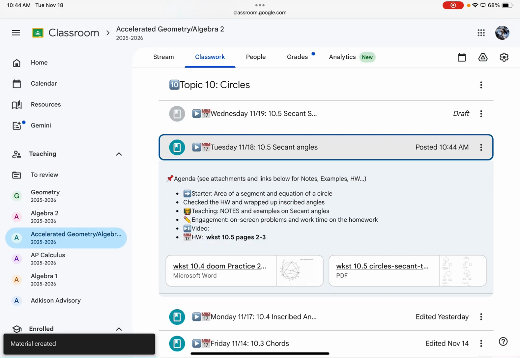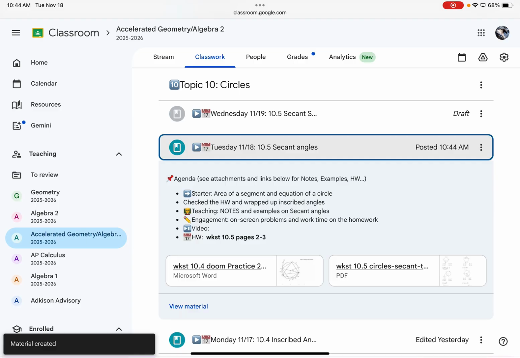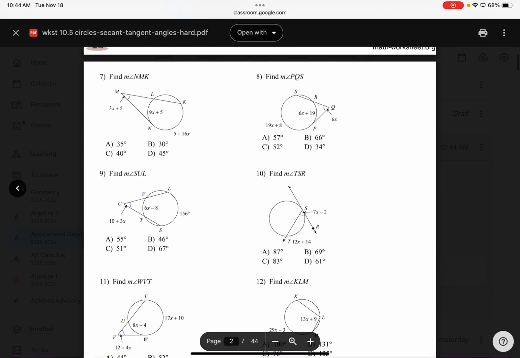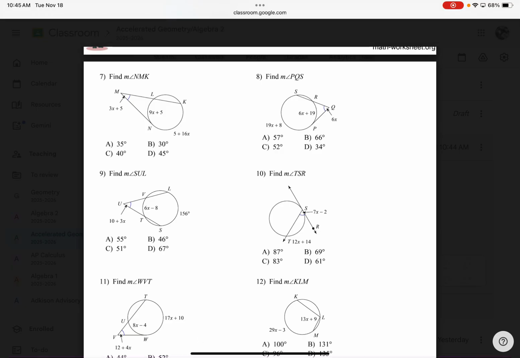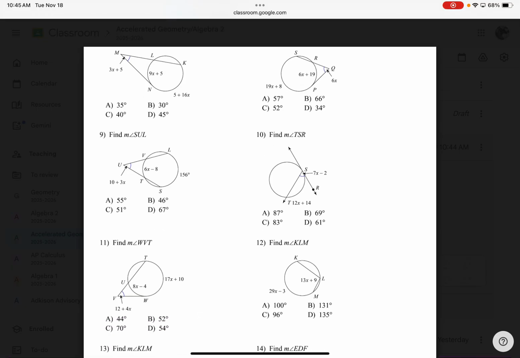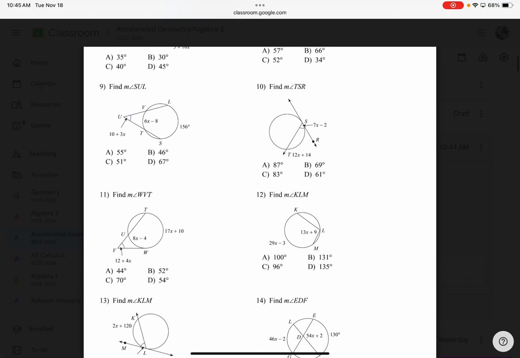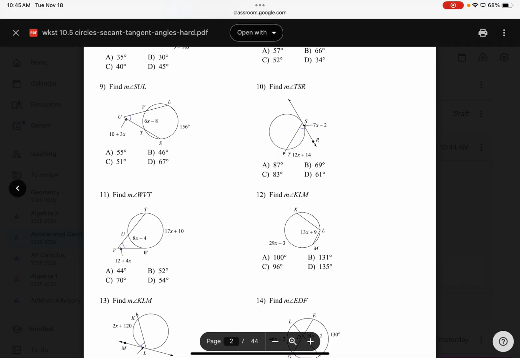All right, so click on the worksheet 10.5. Start on page 2, number 7. And then I'll put it on the post.